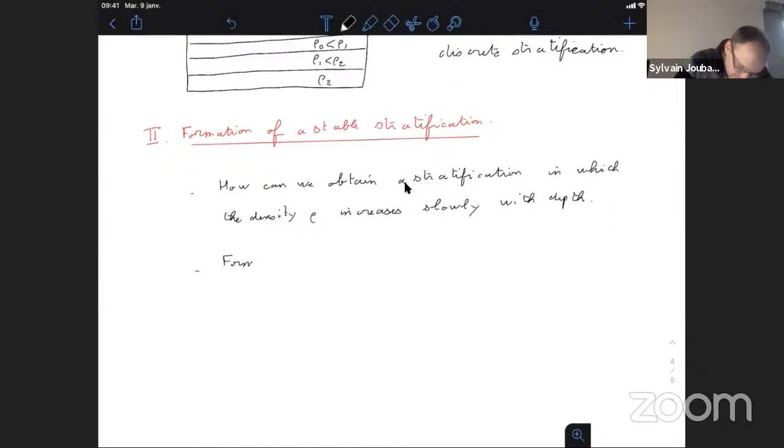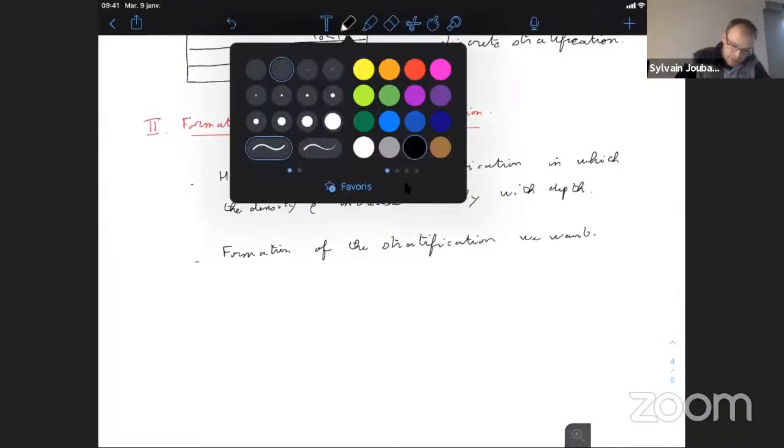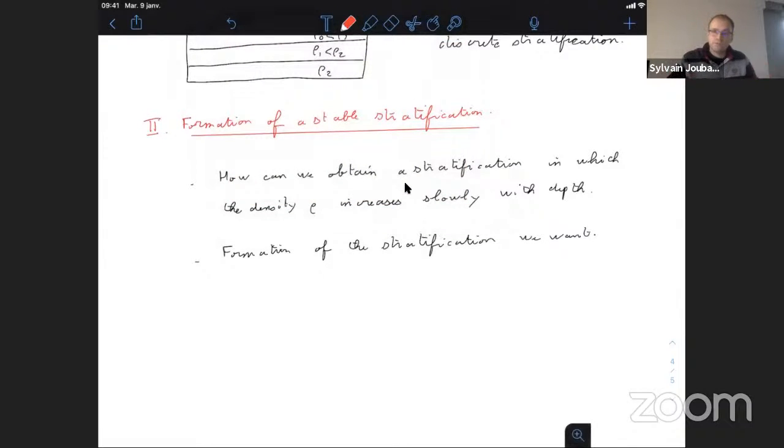Formation of the stratification we want. And that's the first study, and I will show you two studies.